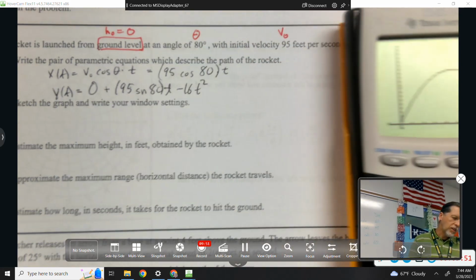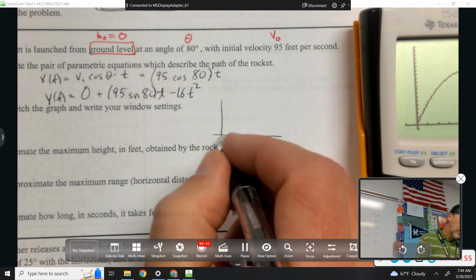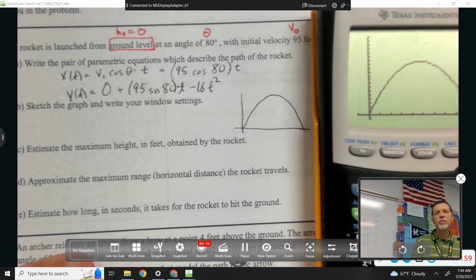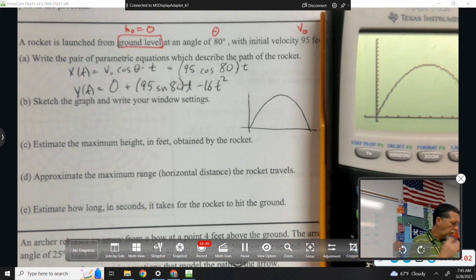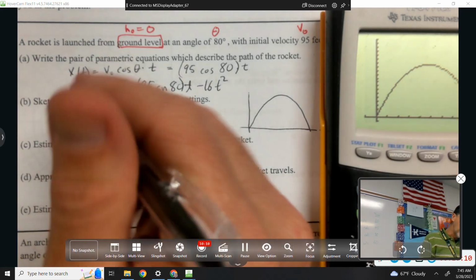Okay, sketch the graph and write your window settings. Almost all the graphs are going to look like that because it's projectile motion. But the window settings is what we need to be careful about here. You don't have to give it the same format as your calculator.